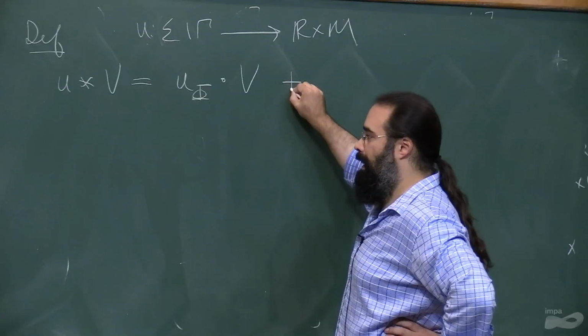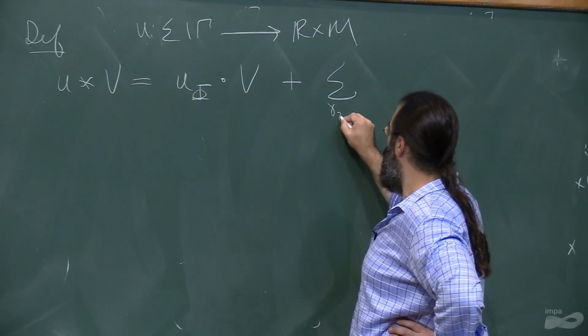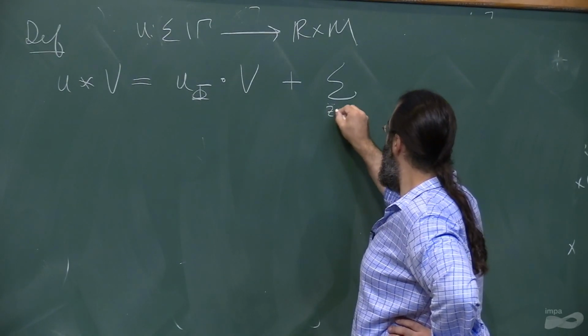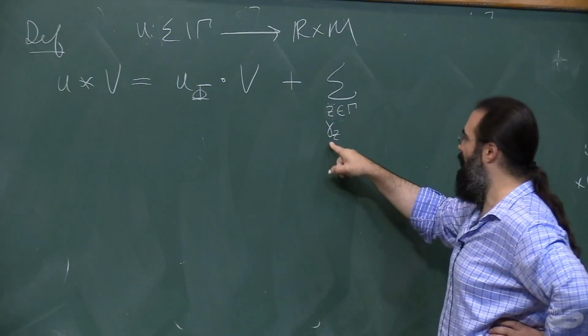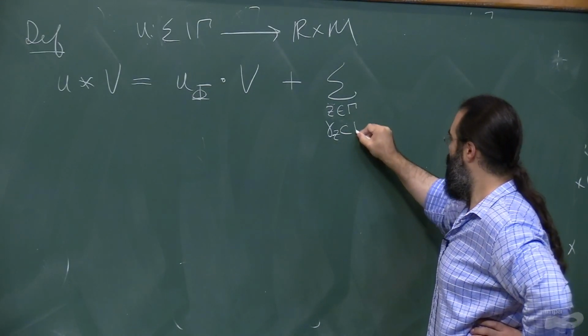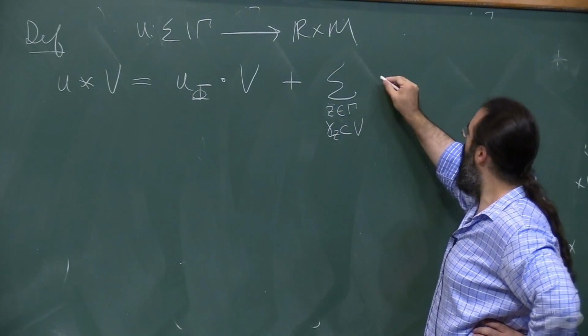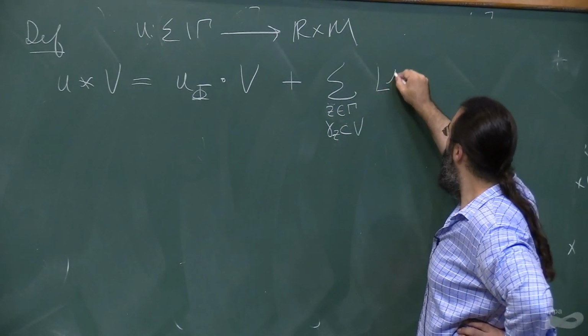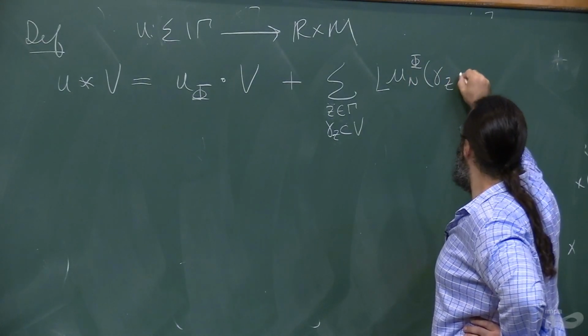And then I add on, so let's say at a puncture Z, U is asymptotic to an orbit gamma Z. I want to sum over all such punctures where that lives in V. And I'd want to add on this term.